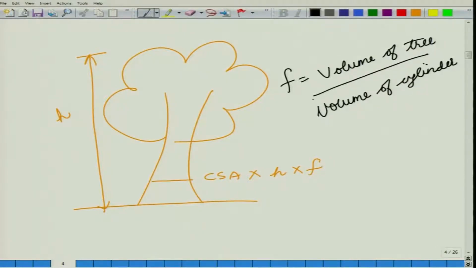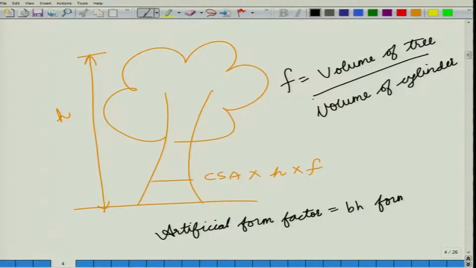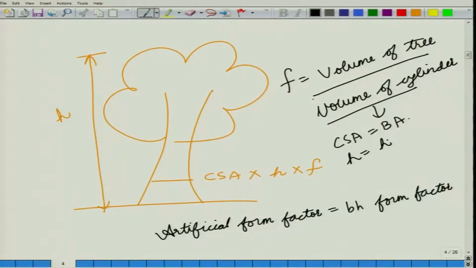Now the artificial form factor, if you remember, which is the most common form factor, also known as the breast height form factor, here our cylinder is a cylinder with the cross sectional area which is equal to the basal area and height is equal to the height of the tree.